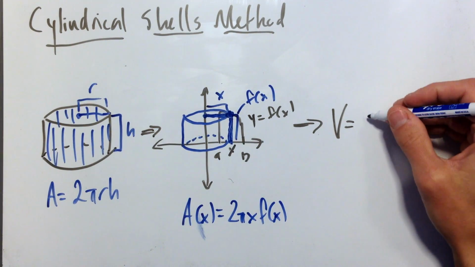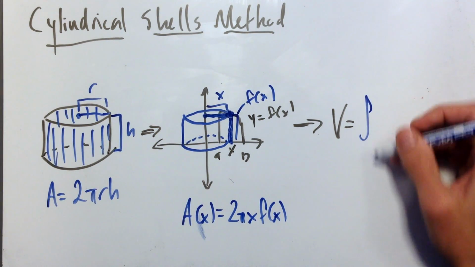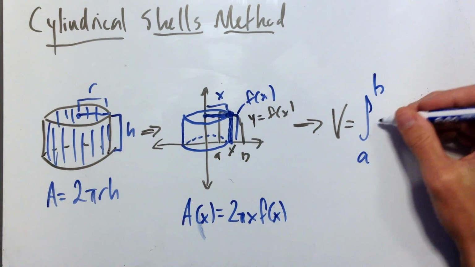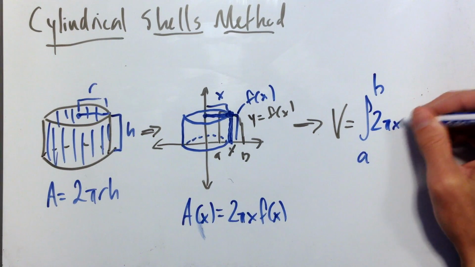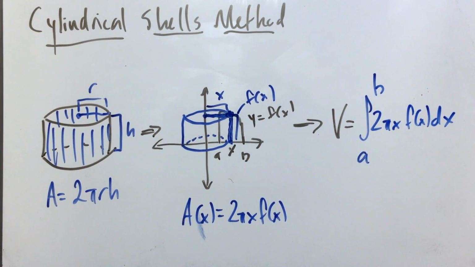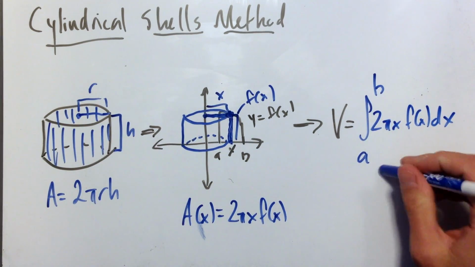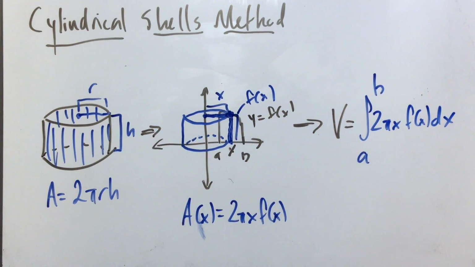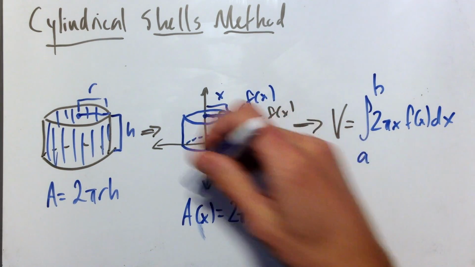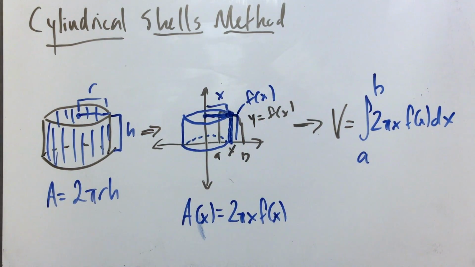Great. So that means that our volume is going to be the integral from a to b of 2 pi x times f of x dx. It's the integral from a to b because that's what our region is between, and 2 pi x f of x because that is the surface area of the cylinder at the slice x, dx.